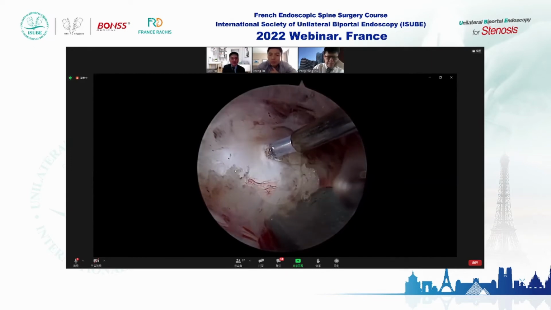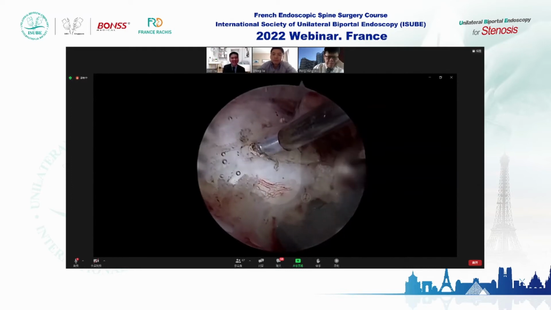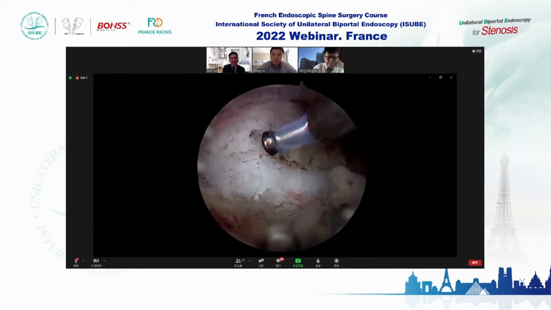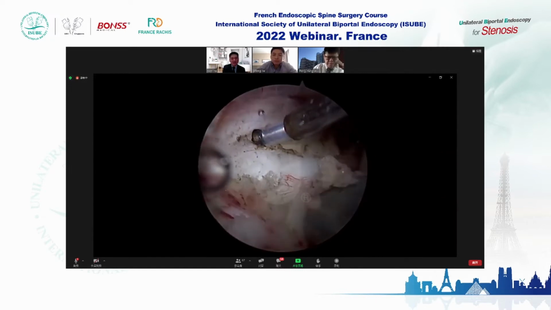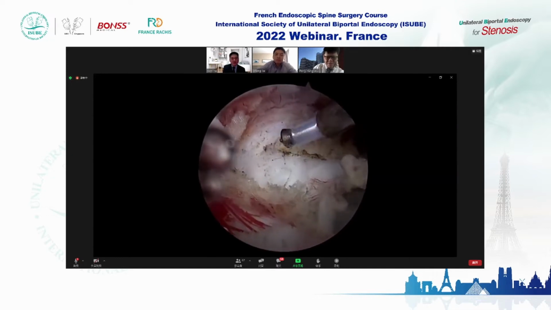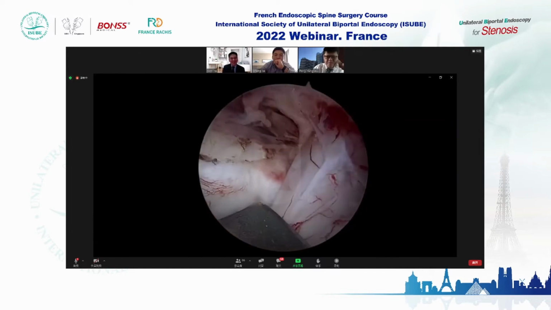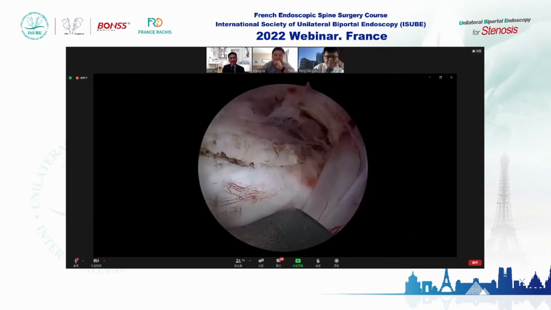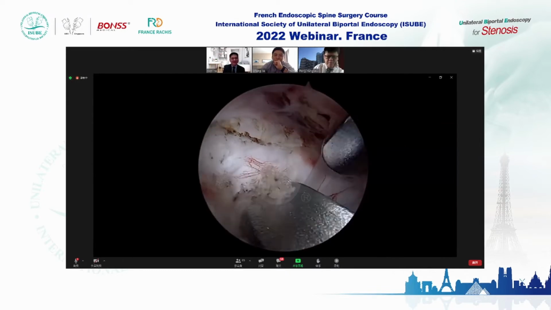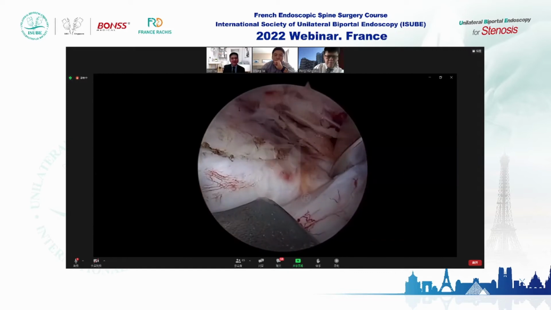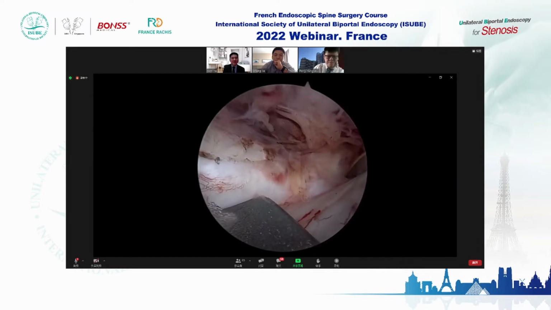Then, assistant, I use the yellow one to open the membrane on the disc fragment. 我觉得这个助手的拉钩拉得非常好，你有非常好的助手。对，真的，确实拉得非常好。很稳啊，very stable.